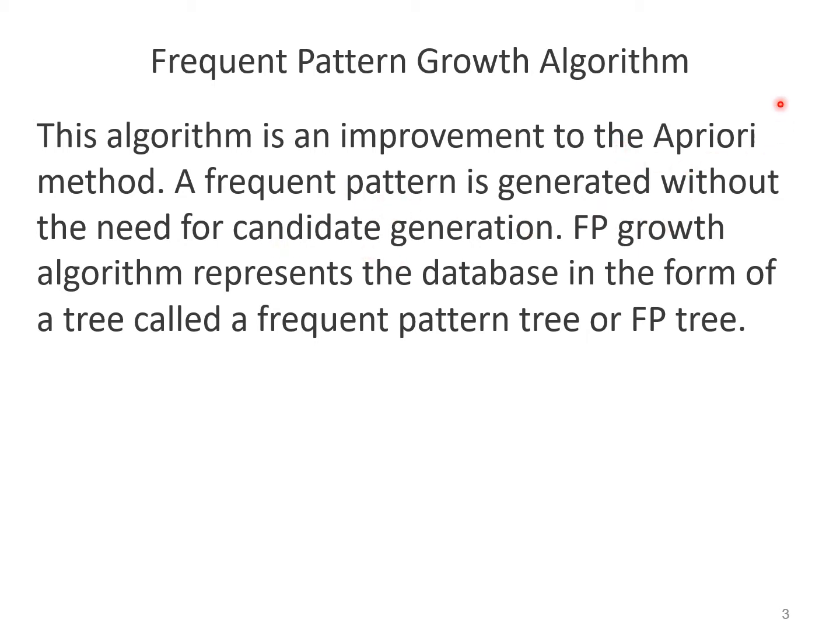In the Apriori algorithm, we have to scan and generate candidate item sets multiple times, but here there is no need to generate candidate item sets again and again. The FP growth algorithm represents the database in the form of a tree, which we call a frequent pattern tree or FP tree.